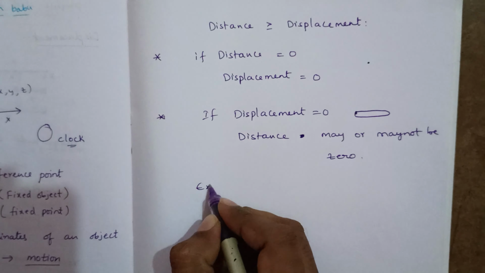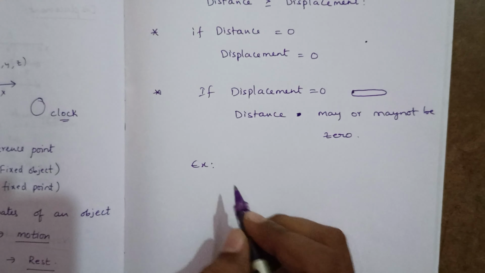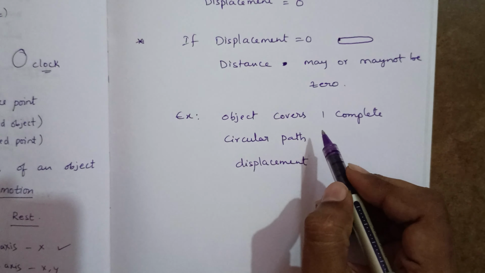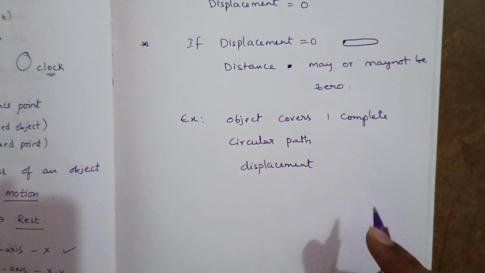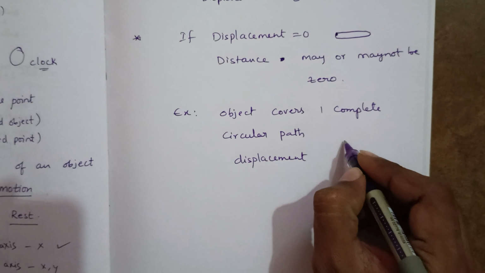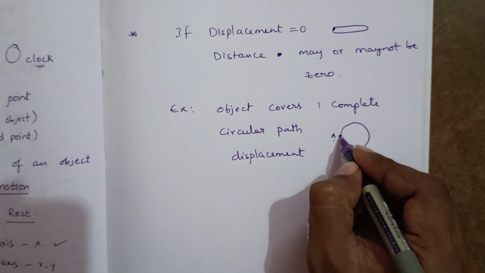Take one example. If an object covers one complete circular path, what is its displacement? The object moves in a circular path and completes one rotation. It started here and ended here.